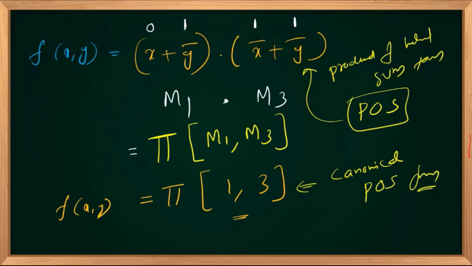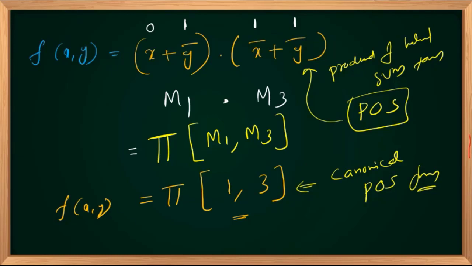So all Boolean functions can be represented in two different ways, either using min terms or using max terms. Okay. And all min terms need not participate in the function, right?